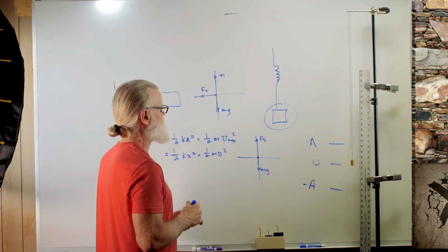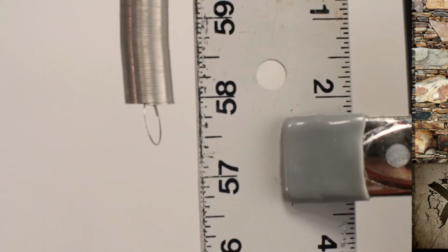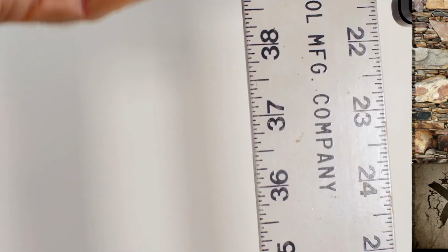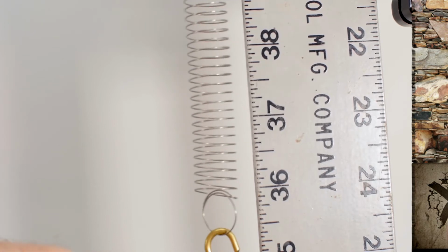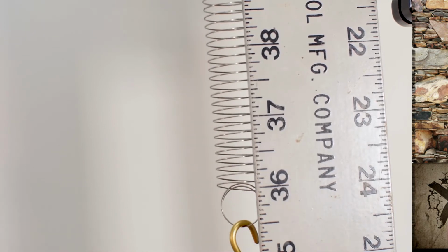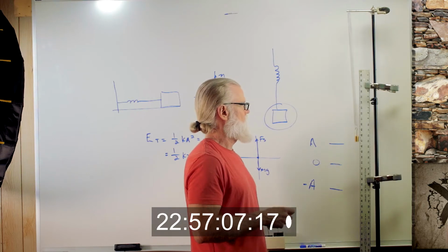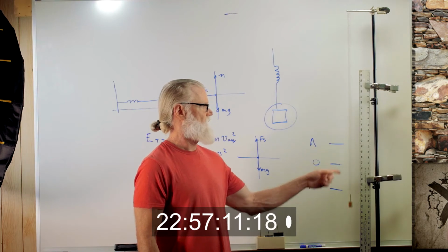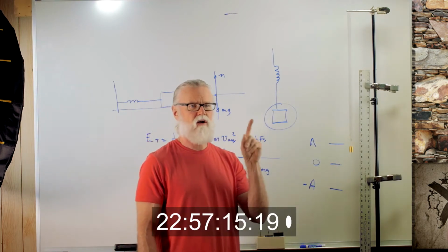All right. So with that in mind, I have a spring, and here it is before I've attached a weight to it. And now we've added a 50-gram weight to it. What I want you to do is find the spring constant of this 50-gram weight on this spring, and I want you to do it two ways. One, do it with the measurements.